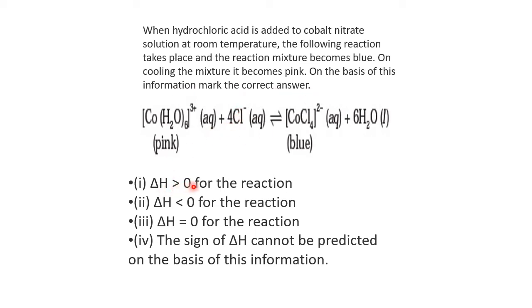Delta H is more than 0, delta H is less than 0, delta H is equal to 0, or the sign of delta H cannot be predicted on the basis of this information. This is very simple and easy. So I once again leave it to you as an assignment. Please try this.